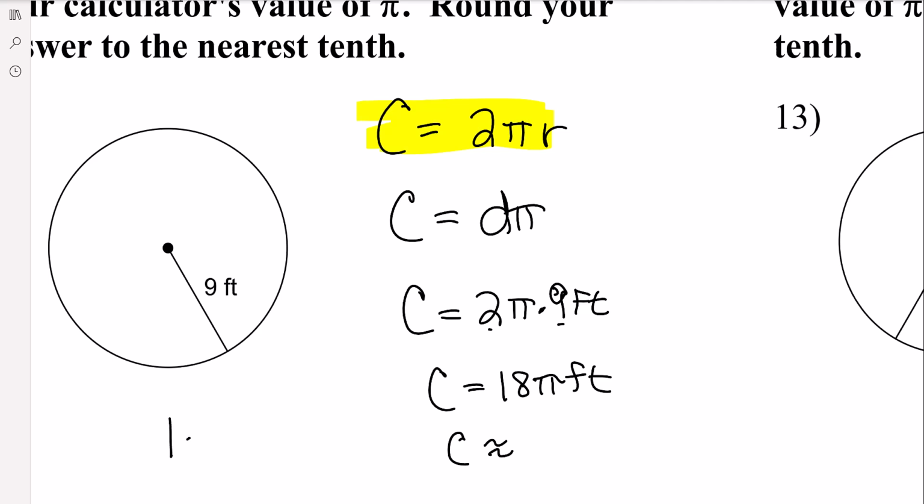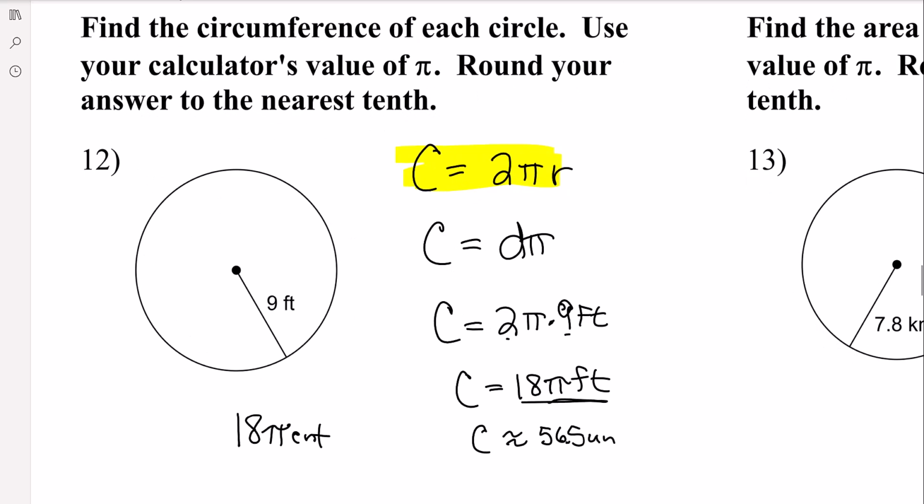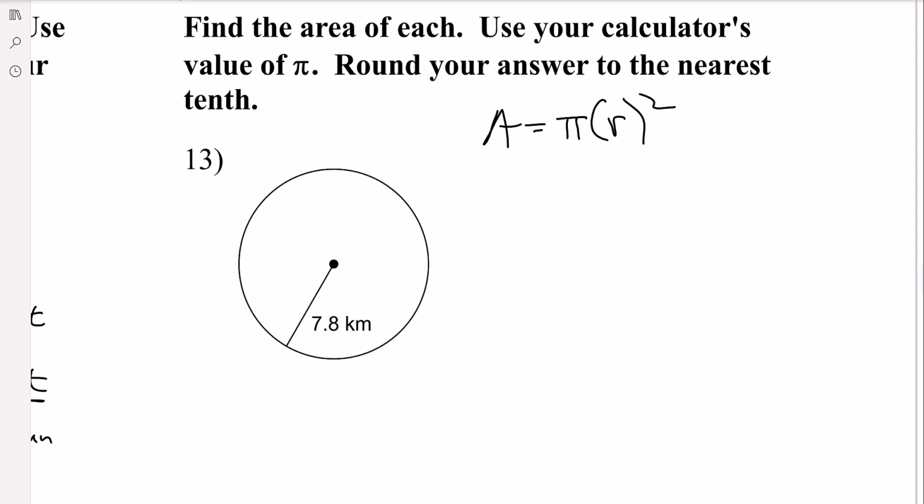So all you type in is 18 pi, enter. And now we're going to round to the nearest tenth. So this amount right here rounds to about 56.5 units for the circumference.